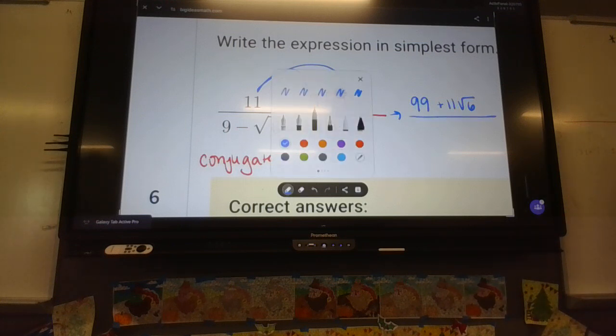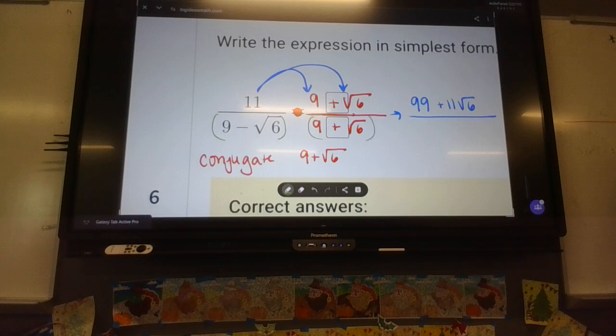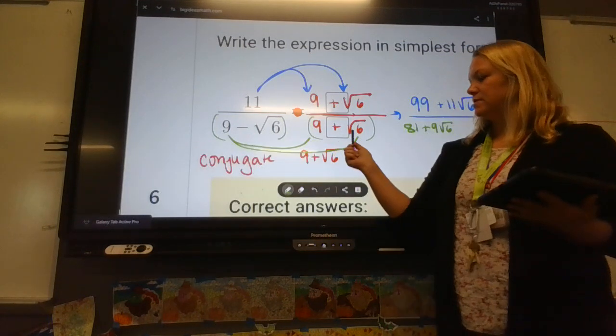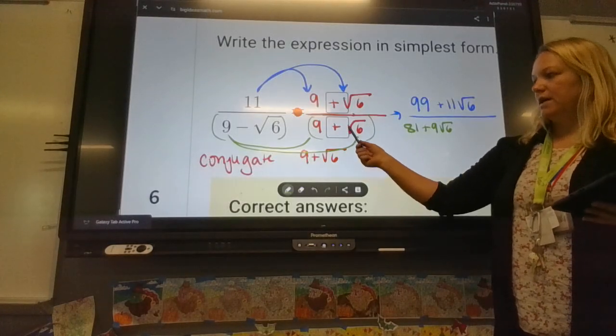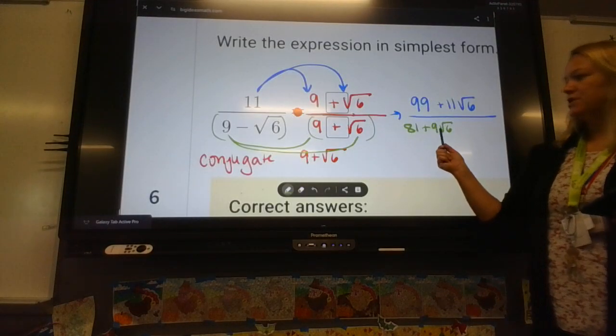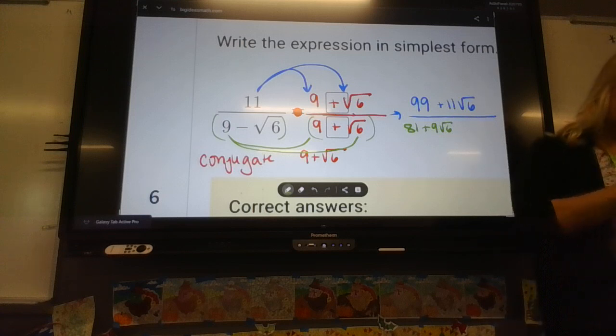Now all that double distribution down below. 9 times 9, 81. Again, the 9 and the 6 are not the same, so the 9 just lands in front of the 6. When I do 9 times the square root of 6, the 6 is under the radical, the 9 is not, so the 9 becomes a coefficient there.